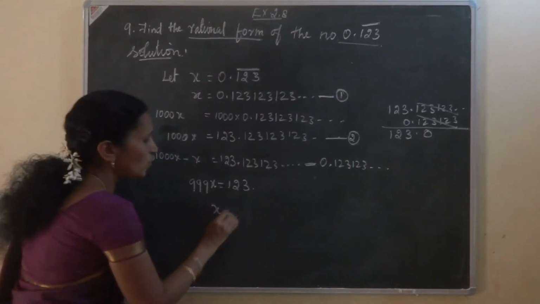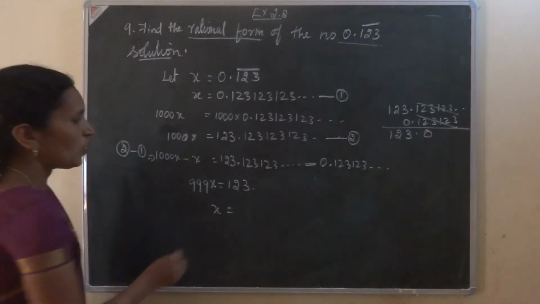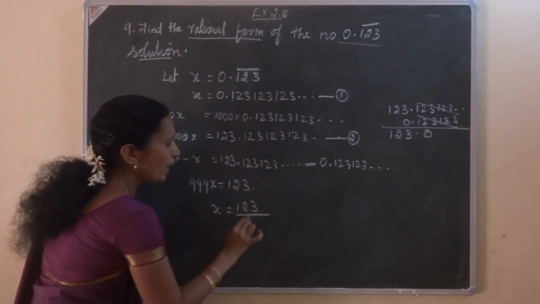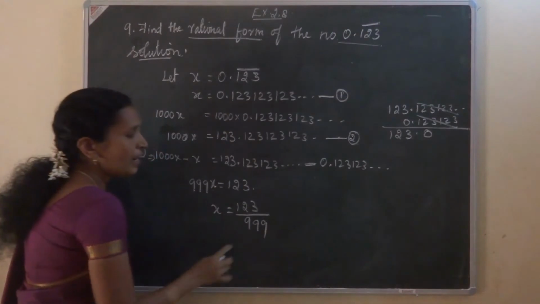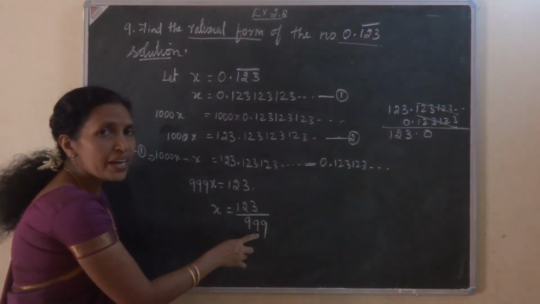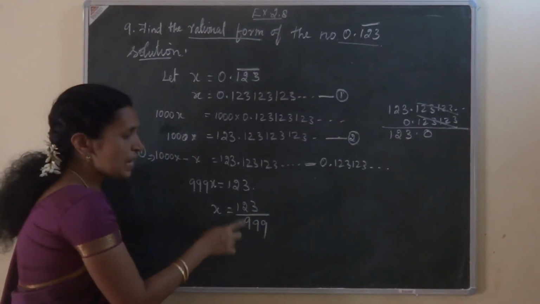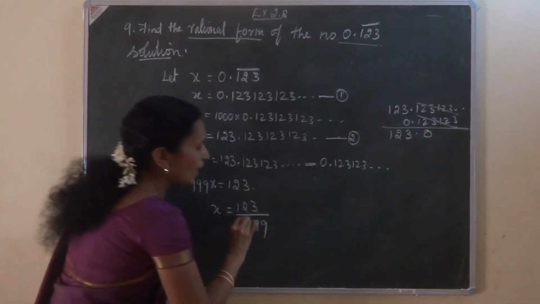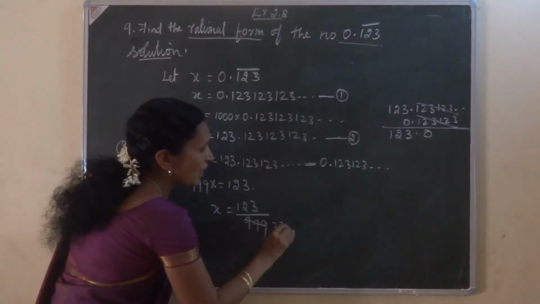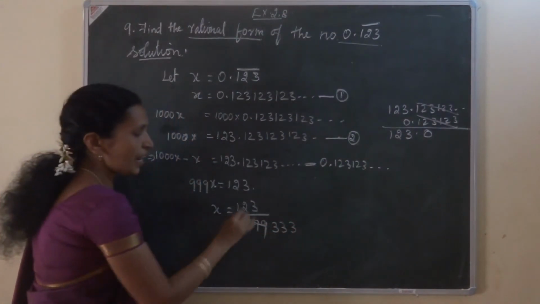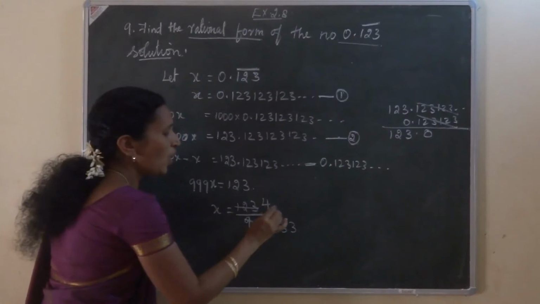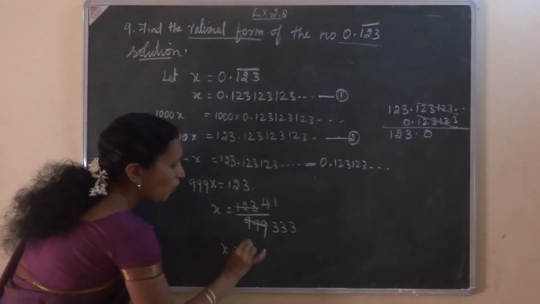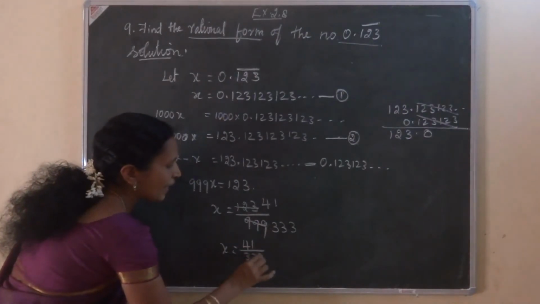So x equal to 123 divided by 999. Here this 999 is divisible by 3. At the same time 123 also divisible by 3. So you can cut by 3. 3 3s are 9, 3 3s are 9, 3 3s are 9. Here 4 3s are 12, 1 3 is 3. So the value of x equal to 41 by 333.